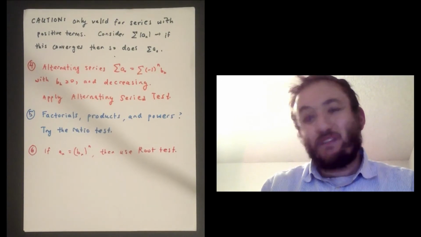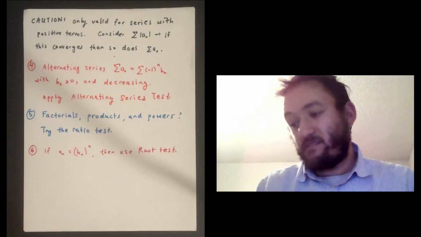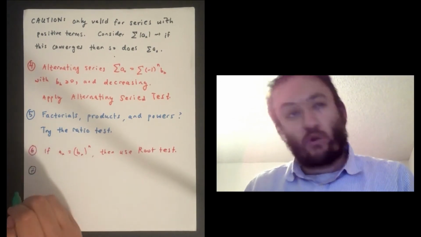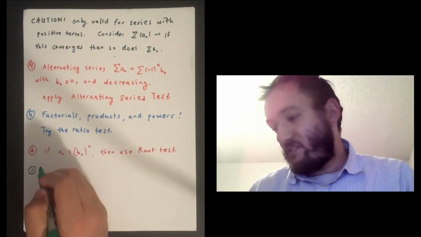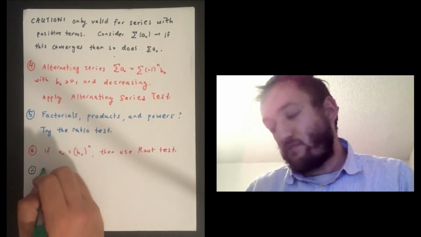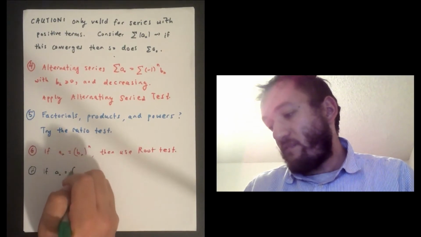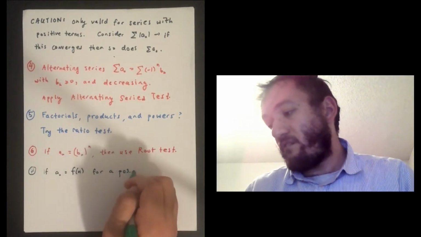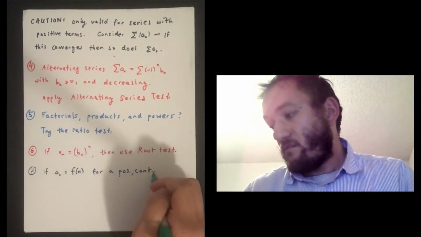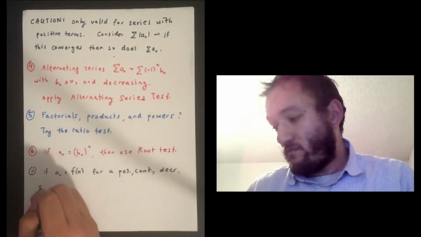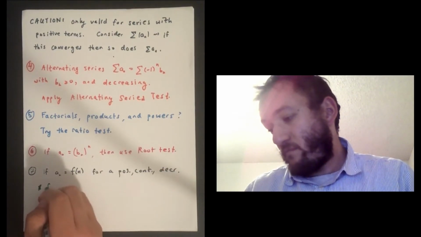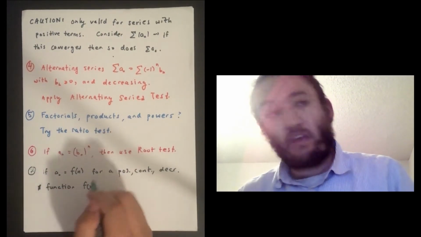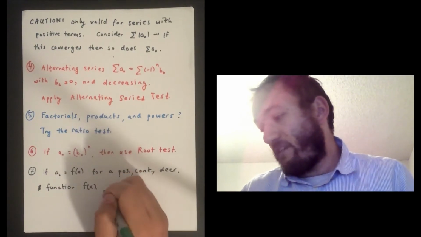And then as really your last resort, because there are very few examples where this works better than the other techniques we've discussed, you can try the integral test. So if a_n equals f(n) for a positive, continuous, decreasing function f(x), then you can apply the integral test.